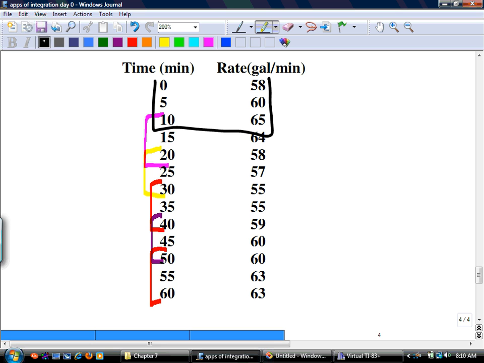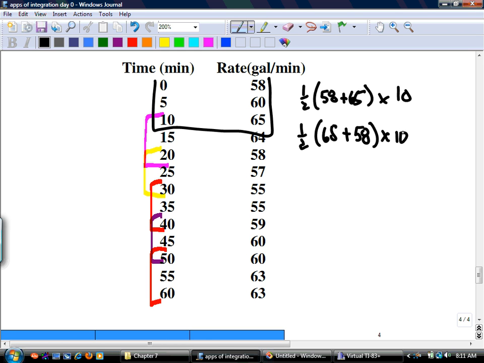Trapezoids aren't so bad. We're going to do half of 58 plus 65 times 10, plus a half of 65 plus 58 times 10. No, it's the width of the bar: 5, 10, 15, 0, 5, 10, sorry. A half of 58 plus 55 times 10.